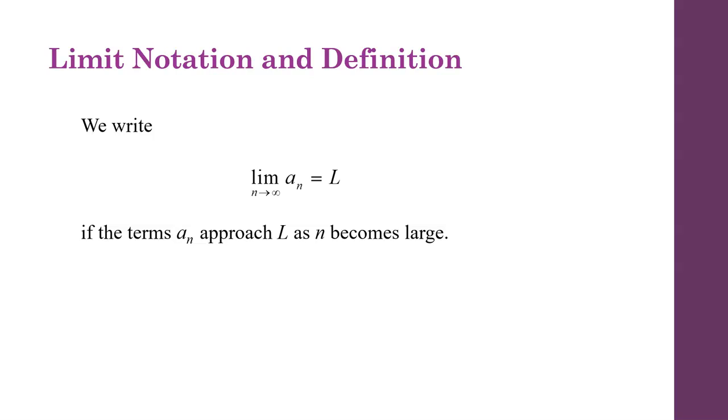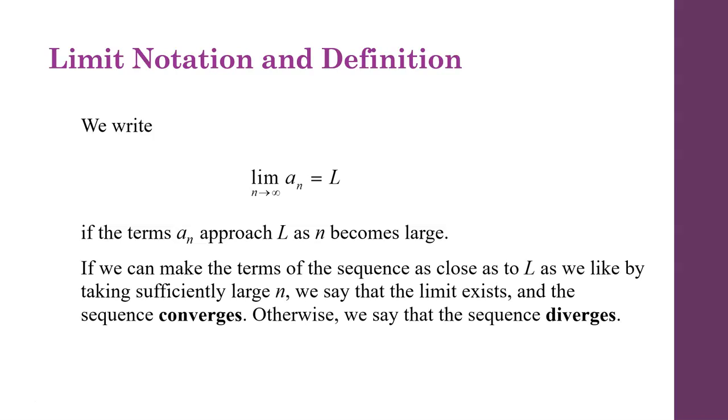So as we move on into our sequence and keep looking at terms that are farther and farther in the sequence, our sequence is getting close to a value L. And what we mean by close to a value L, the definition says that we can get our terms to be as close to L as we would like by taking an n value that's sufficiently large.